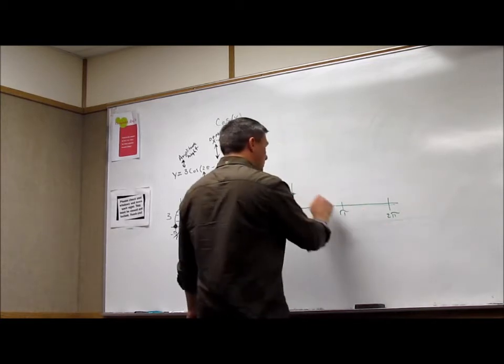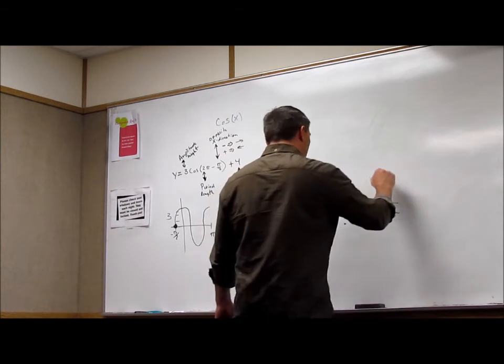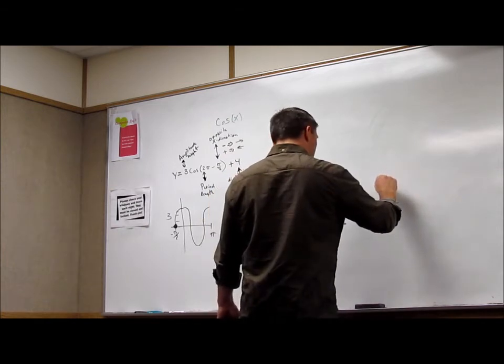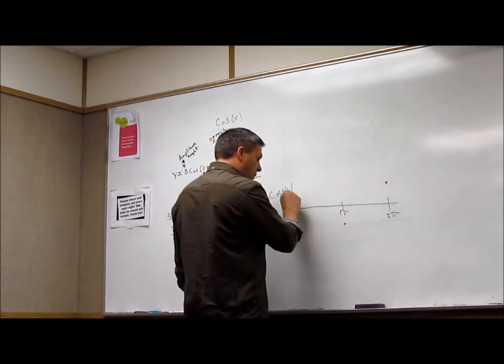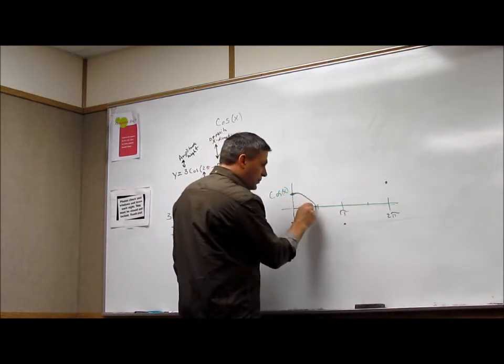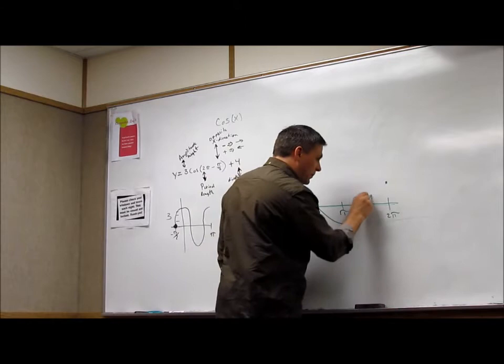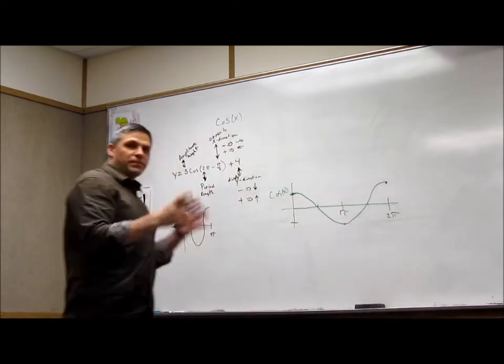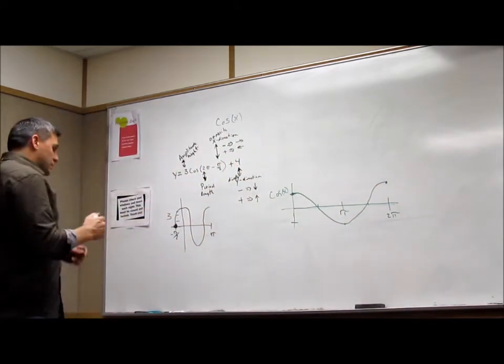Go down is right here and back up right there. So I'm going to come through and up and through and there. So that's my nice little curve.